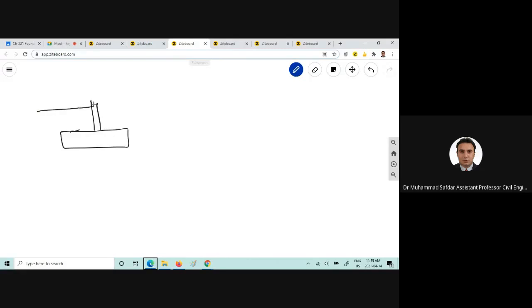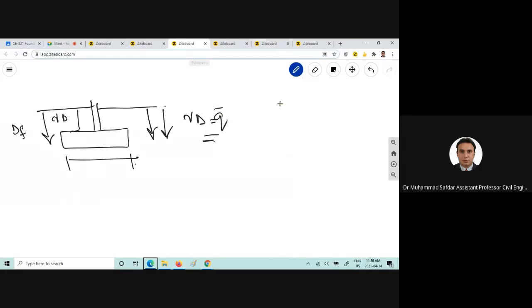This is the surface here, okay? Now, this is the depth of the footing, and this is the breadth of the footing, and gamma into d would be equal to q bar.